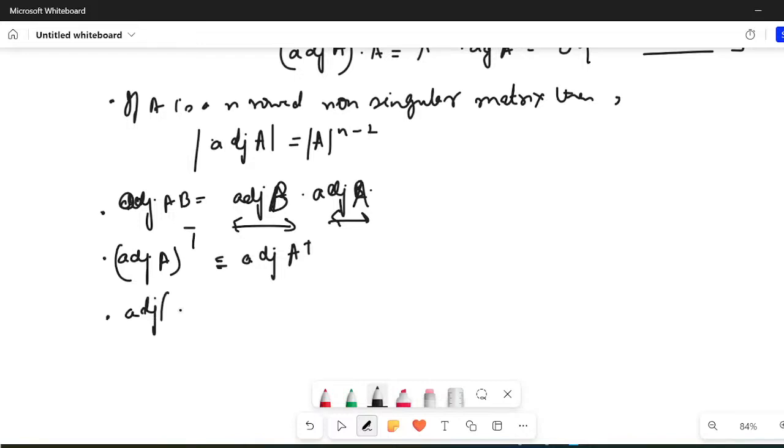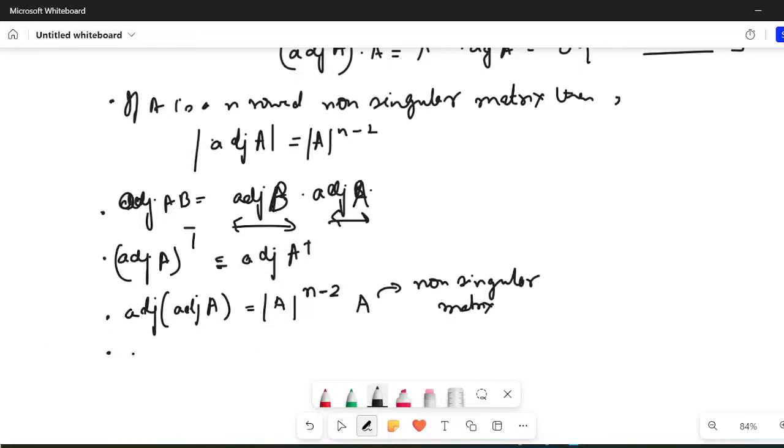Adjoint of adjoint of A: if I'm doing the adjoint operation two times, it comes out to be determinant of A raised to power n minus 2 times A. This A should be a non-singular matrix. And one result I've already written: if I have to find determinant of adjoint A, then it is determinant of A raised to power n minus 1.